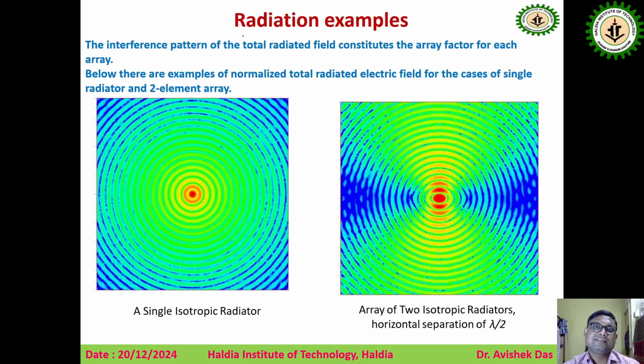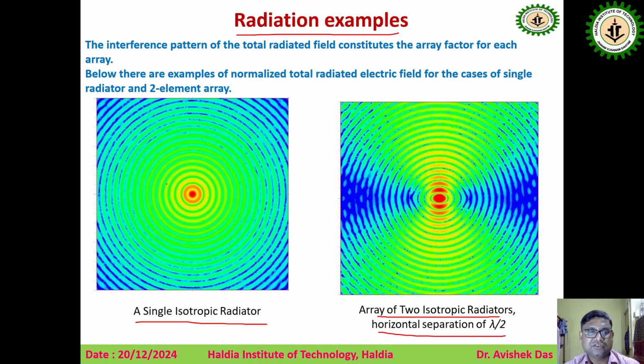Next we discuss the radiation example. Look here, there are two figures. One is a single isotropic radiator, and here is an array of two isotropic radiators, where the distance between the two radiators is lambda by 2. We can see that the interference pattern of the total radiated field constitutes the array factor for each array.